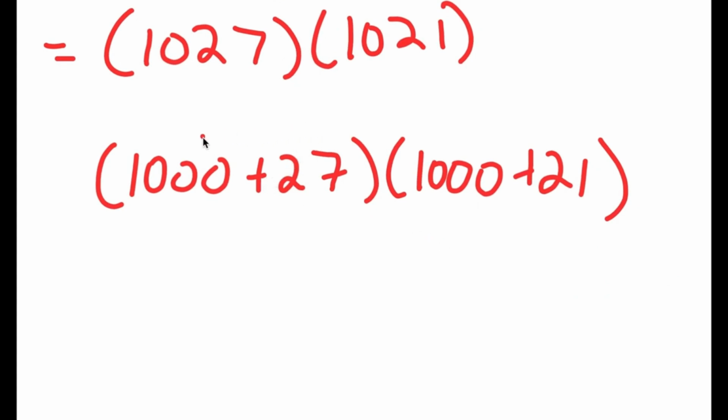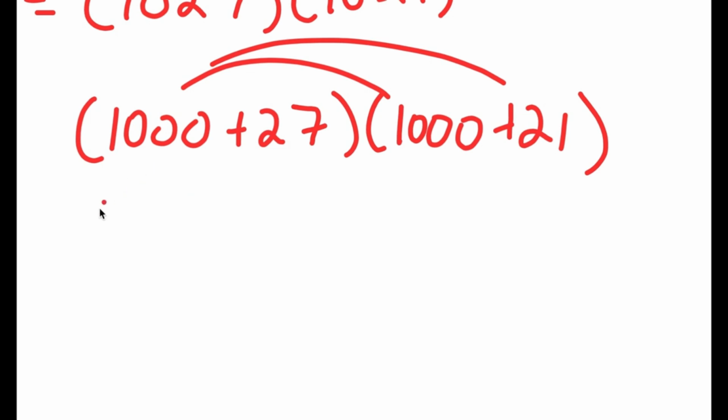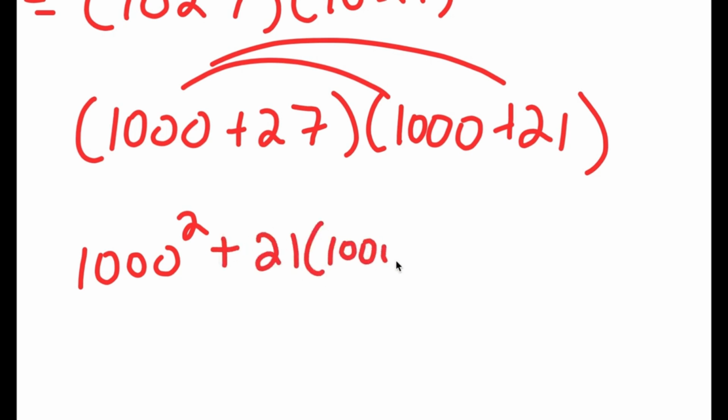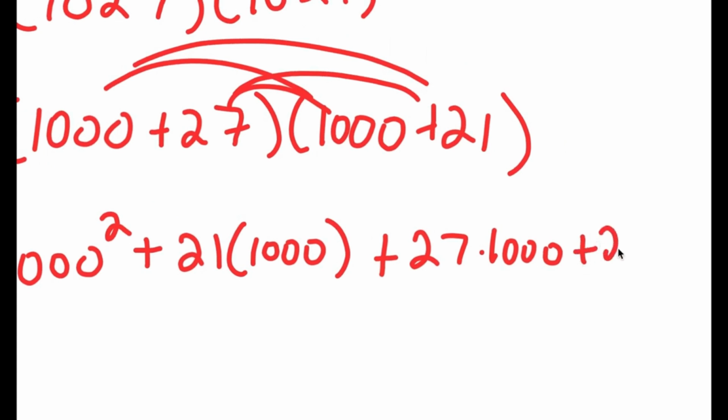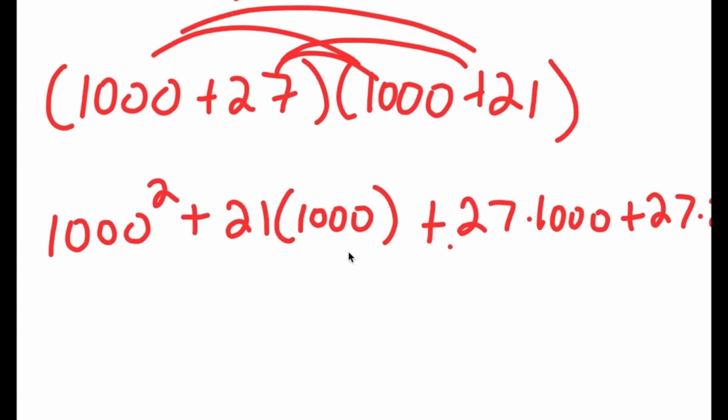And now this way, I can distribute. So 1000 times 1000 is 1000 squared plus 21 times 1000 plus, now I'm going to distribute the 27. So I get 27 times 1000 plus 27 times 21.